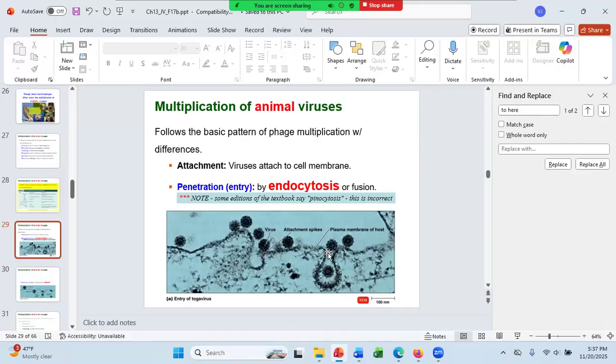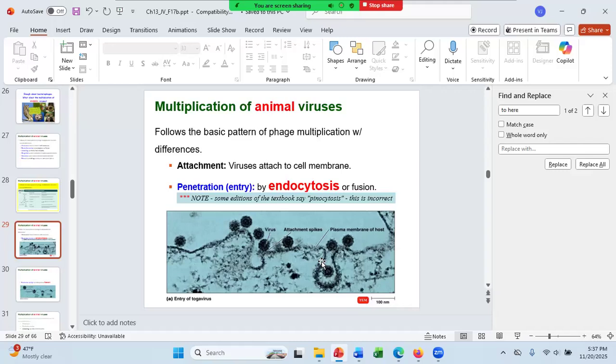Eventually, this will pinch off where the cell membrane will reform across here. And then this will pinch off, forming a vesicle around the virus. And that virus will then be inside the cell and can move around inside the vesicle. But the point is, the vesicle has brought the virus into the host cell.